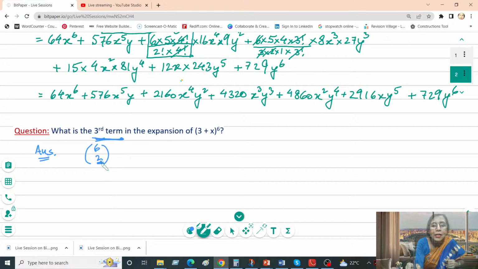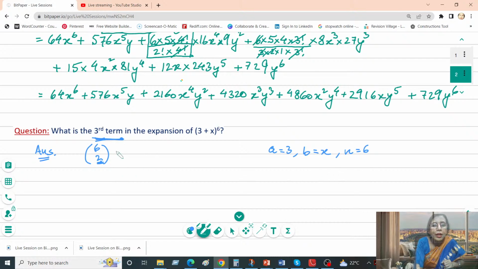So it is 6C2. And over here a is equal to 3, b is equal to x, n is equal to 6.